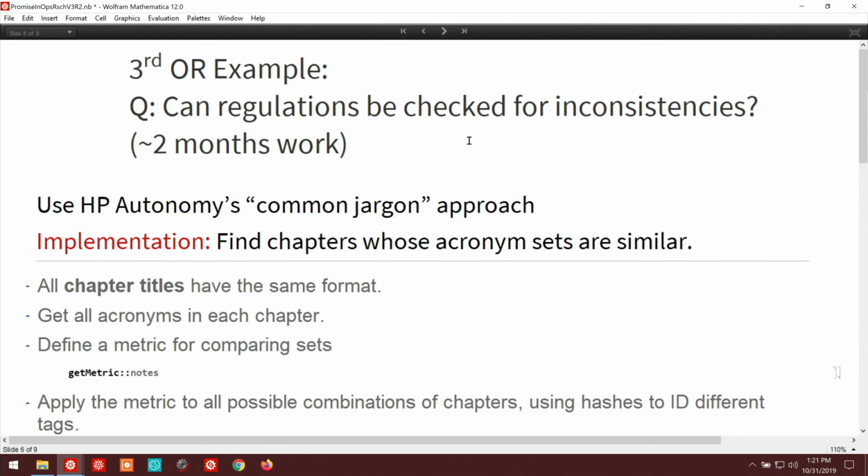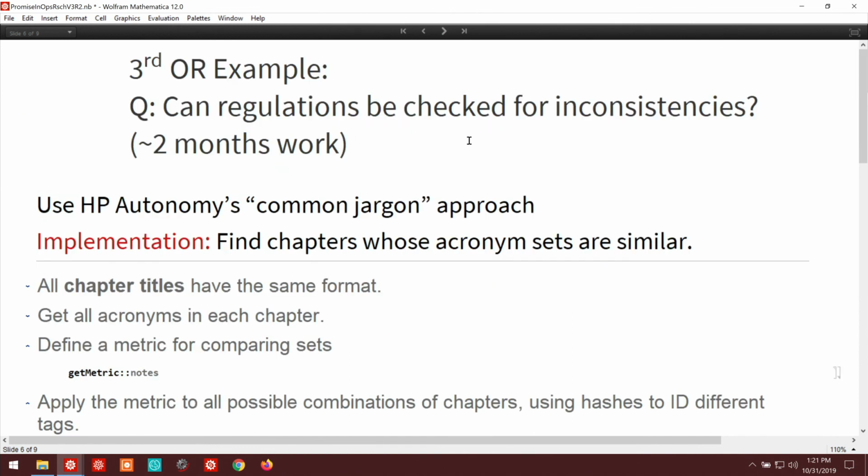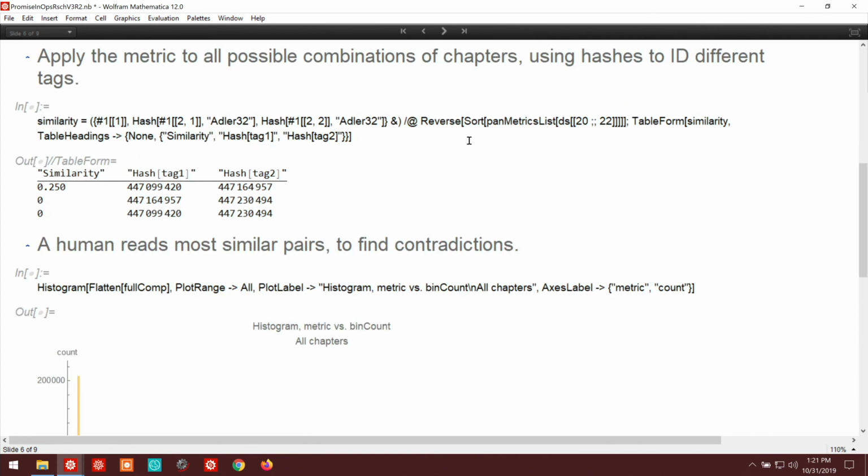What we did here was to look, okay, all acronyms in DoD have about the same syntax. So we could locate acronyms, which we did, and here we are. The hash numbers here refer to different chapters.